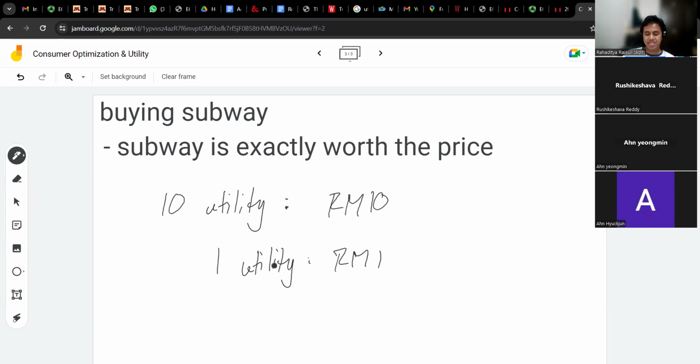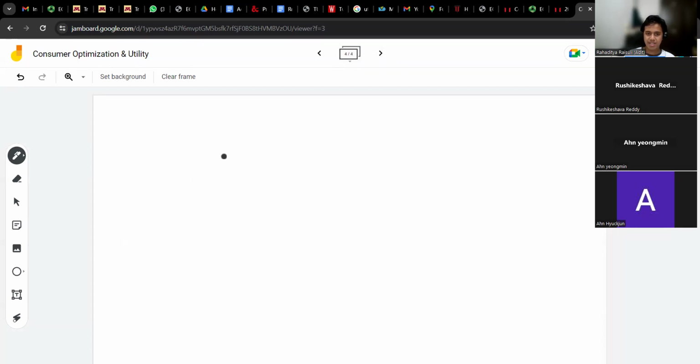So if you feel like the utility is exactly the value of the price, if you feel like your Subway is exactly worth its price, then you would say that the utility of the Subway is equal to the price of the Subway. So in this case, 10 utility to 10 ringgit. Or say you have a candy, maybe a 2 ringgit chocolate. Of course, it won't be as satisfying as a Subway, because Subway is filling, whereas the chocolate is a small item that won't fill you up that much.